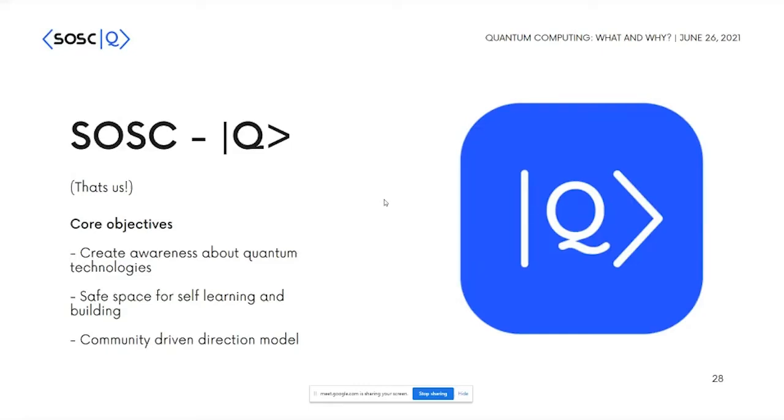Another thing about SOSCQ is we are aiming to have a safe space for self-learning. So all like-minded people or someone who's interested in quantum computing can come in, safely discuss his ideas, and not really fear failing or anything. There's nothing kind of failing here. You can basically have whatever ideas you want to speak up, or even if you're making a mistake, there will be people helping you out.